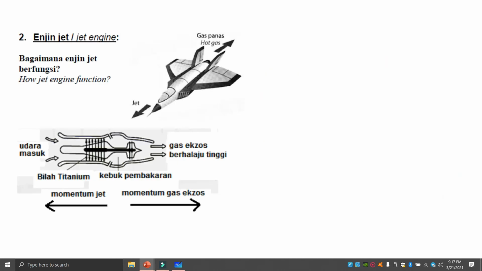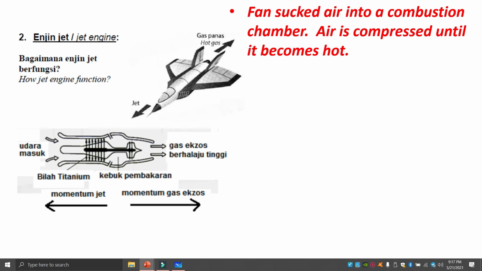Okay, next we see the jet engine. For the jet engine, the fan sucks air into a combustion chamber. Inside the combustion chamber, the air is compressed until it becomes hot.